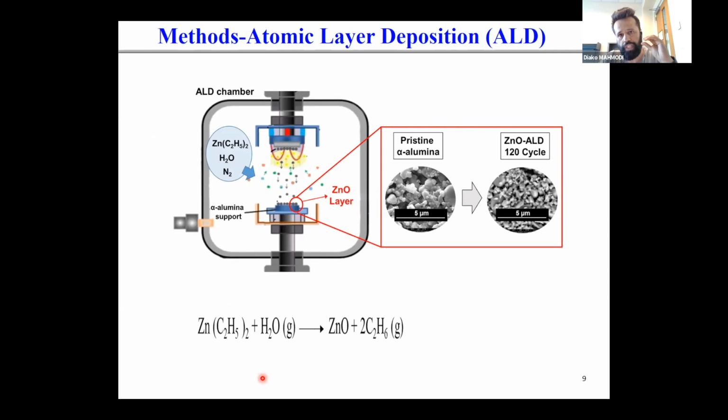ALD is a unique technique to coat a thin, uniform layer on a surface. Here we use pristine alpha alumina, and by taking advantage of this reaction, we coated a thin layer of zinc oxide. By manipulating cycles, we can change the thickness of the zinc oxide.